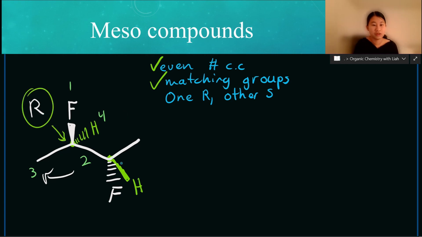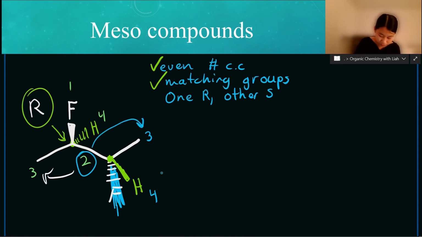Now let's find the configuration of this chiral center. We have fluorine as first priority, hydrogen as fourth priority, methyl as third priority, and the rest of the molecule as second priority. Let's ignore what's on the dash and count the numbers that are left. Going from 2 to 3 to 4 is clockwise and therefore R configuration. Now remember, we need to check what's on the dash.